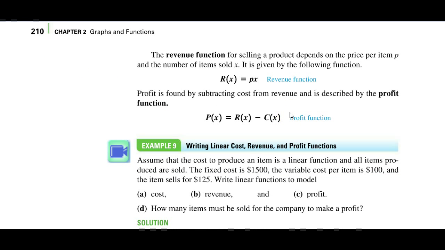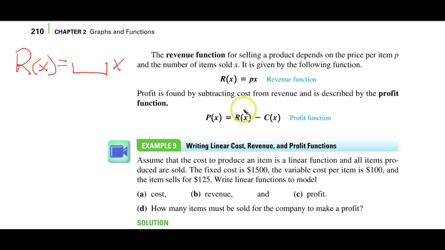Now, along with fixed costs, we have revenue. So for every unit you sell, you're going to get some revenue. And this is the revenue function, that for every item you sell, which would be the x's, you're going to charge a selling price. So that's what they're saying here.